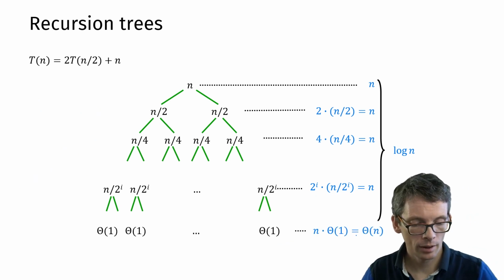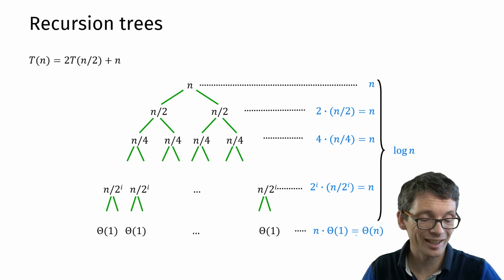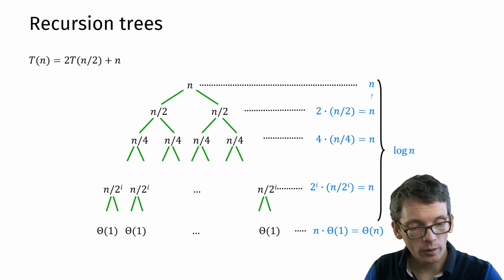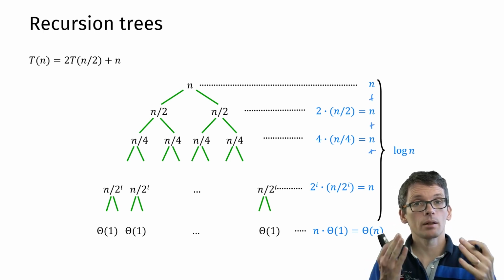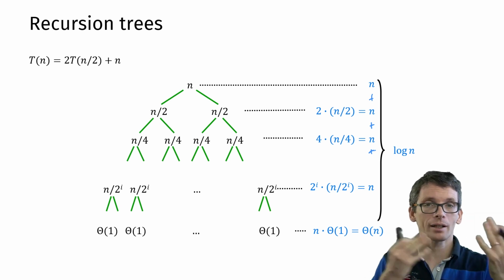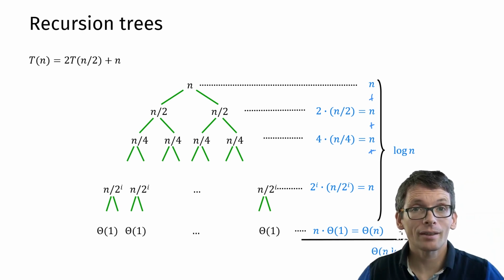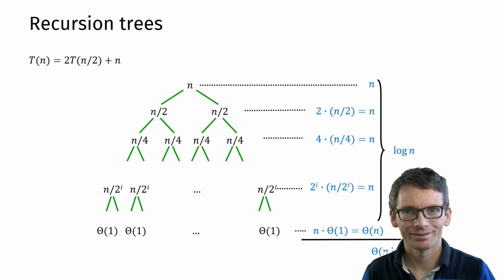That means this last level contributes theta of n. Adding all of this up, n plus n plus n and so on, log n times is simply n times log n, plus the theta of n at the end, meaning that the running time of this recurrence solves to theta of n log n.